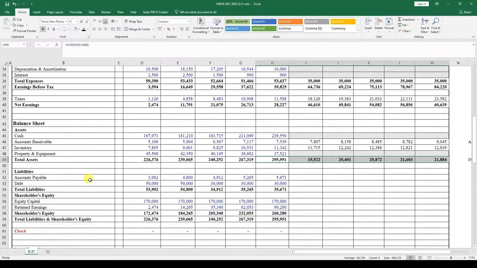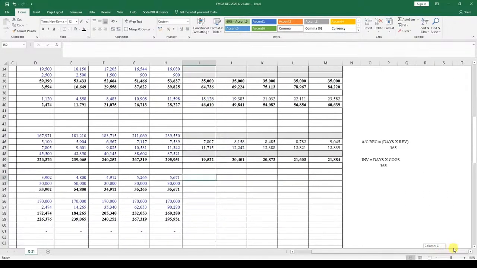So the accounts payable is driven by cost of goods sold. The same formula over here, only that we're going to put now accounts payable.